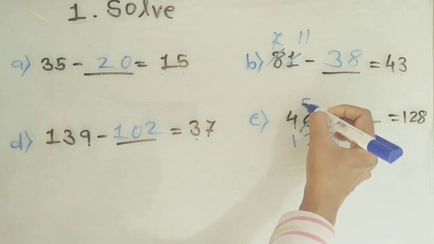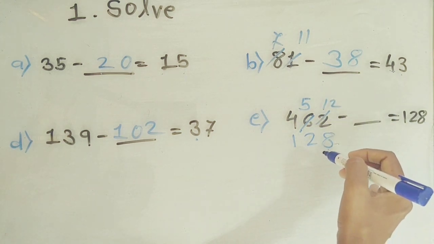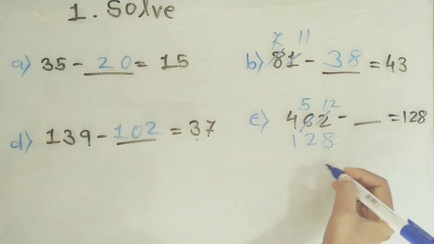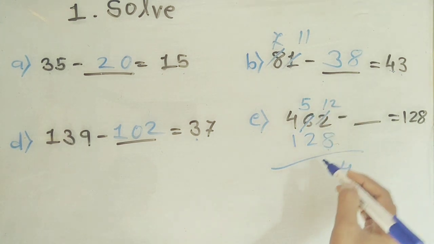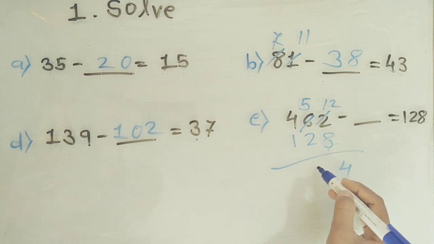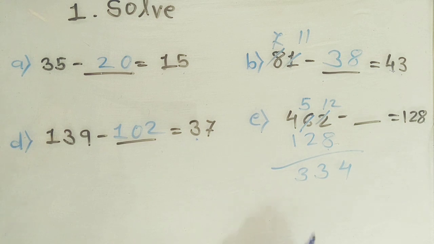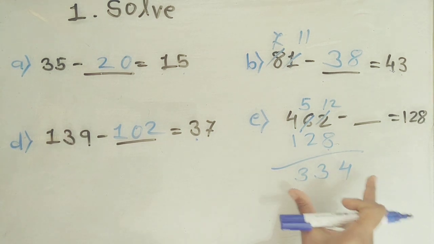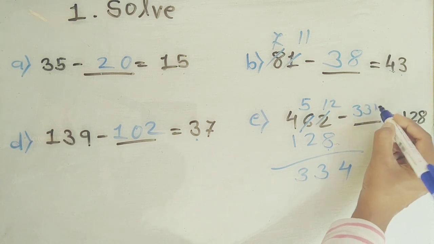This 6 will become 5 and this 2 will become 12. Okay, now 12 minus 8 is equal to 4, and this 5 minus 2 is equal to 3, and 4 minus 1 is equal to 3. So our answer will be 334. We will write here 334.